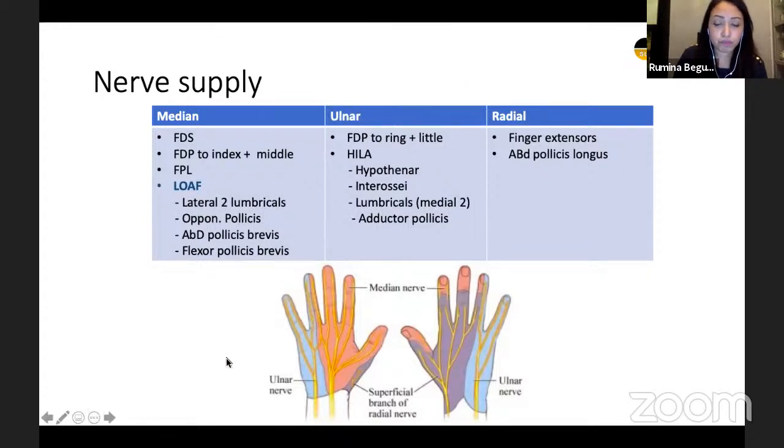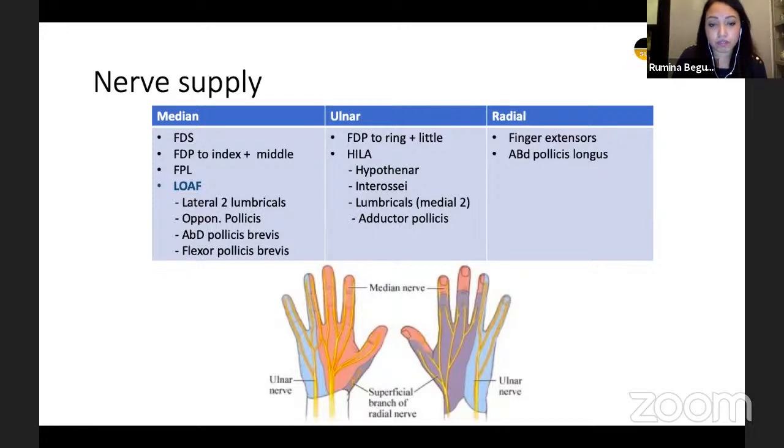Finally, the bottom picture shows the cutaneous supply of the hand. Firstly, on the dorsal aspect, you can see a majority of the cutaneous supply is via the superficial branch of the radial nerve, and the little finger and half of the ring finger are supplied by the ulnar nerve. On the volar aspect, the median nerve is the predominant cutaneous nerve supply.